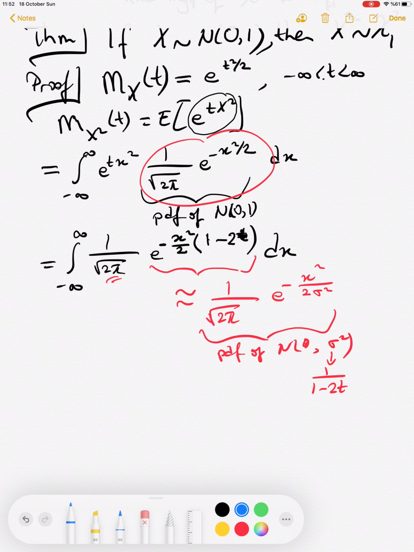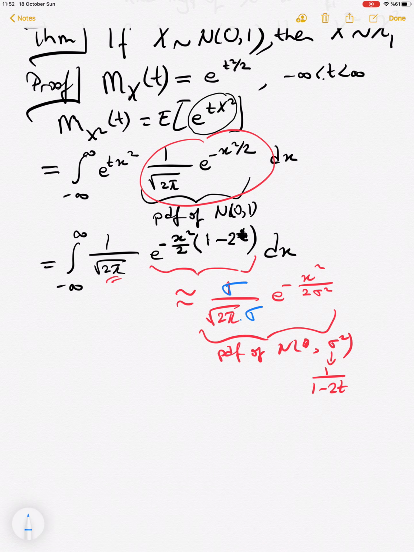So what we have to do is multiply and divide by the sigma term. Then the whole thing will be a PDF of a normal over the range from minus infinity to infinity, and without taking an integral, we can see that it will be 1, and one of the sigma terms will go out.